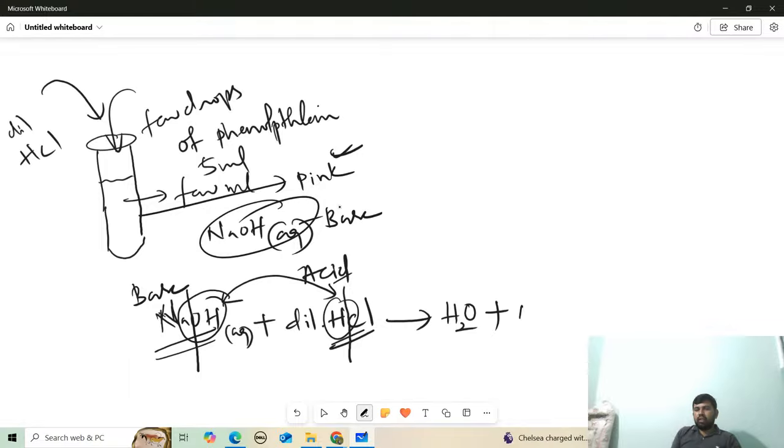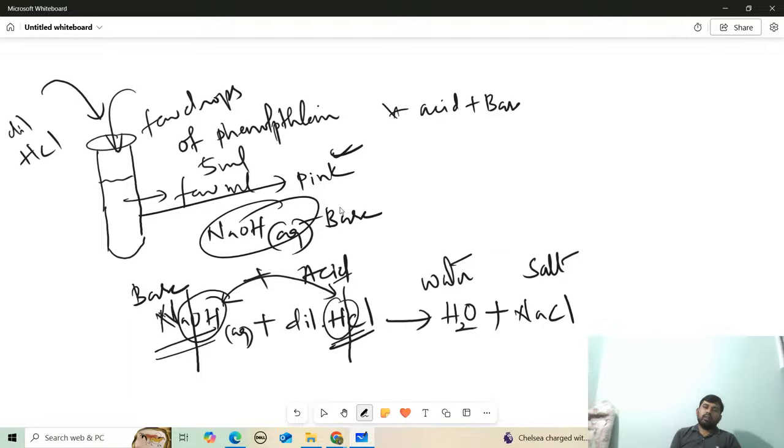The remaining part is NaCl, which is a salt. So acid plus base gives salt and water.